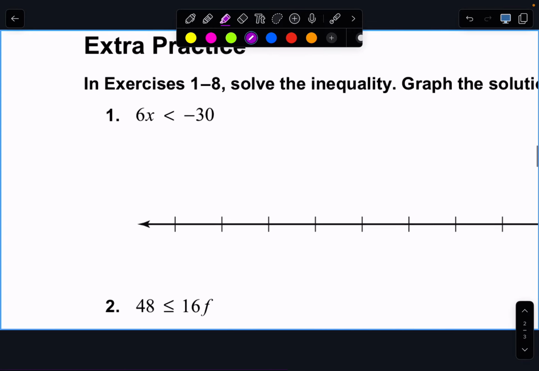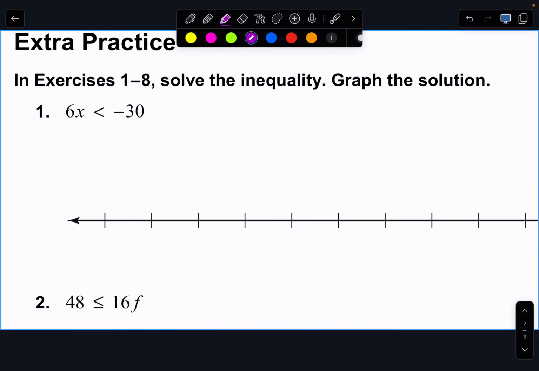Okay, so let's talk about number 1 on the extra practice. Top of page, the next one. I have a question. Grady, the mind reader. What do we need to do to both sides? Divide by 6. Okay, am I dividing by a negative number? No, which means our inequality sign is going to remain the same.